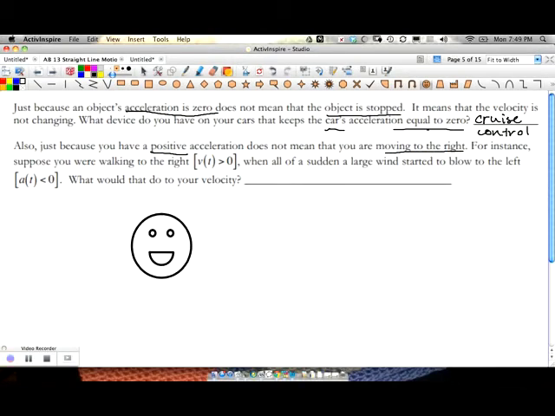So here's the wind. And it's going against us. So if we're thinking, kind of like an arrow. Do I have an arrow up here? I thought I did. Yes, I do. Well, so here's the wind. It's blowing against us. It's pushing against us. But I'm walking this way.